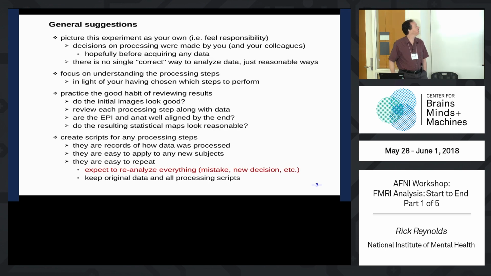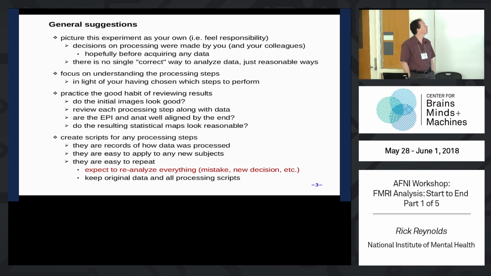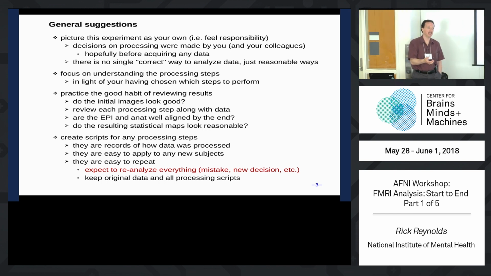Again, general suggestions with this. You've got some data and an analysis dumped upon you, and it's your job to go through it. Again, what's the best way to do the analysis? There is no single correct way. We don't even know what the correct way is, so all we can do is bicker incessantly. But you, as the researcher doing the analysis, you want to understand the steps well enough so that you feel they are justified and that the results that you generate make sense, and you think you've accounted for whatever you need to account for.